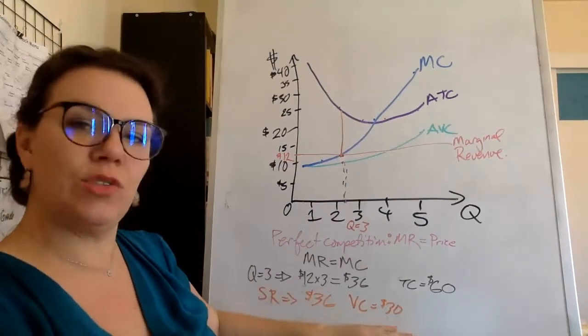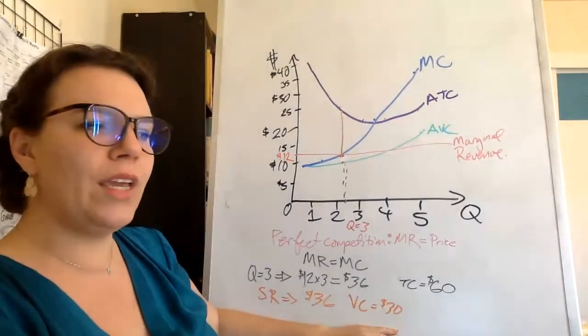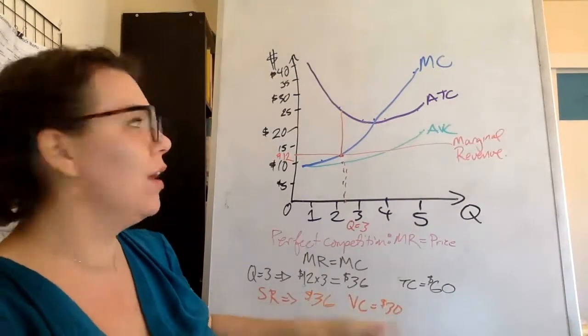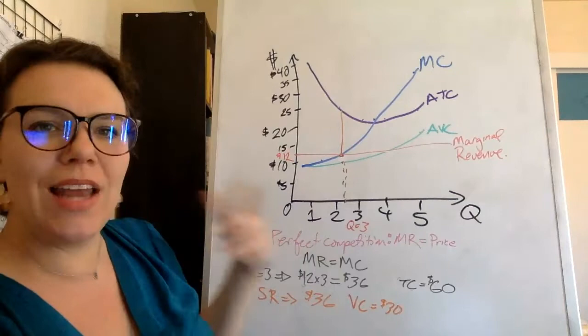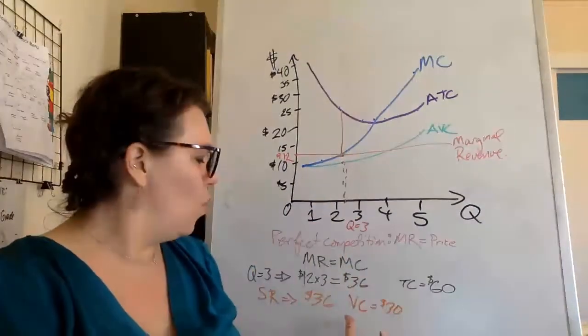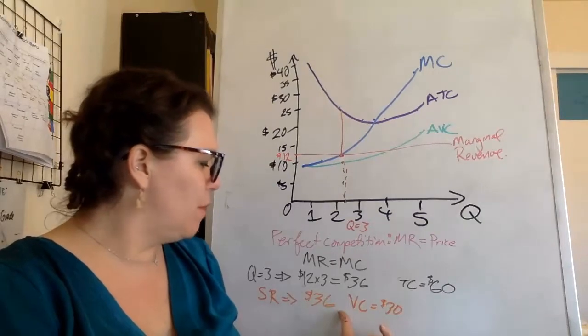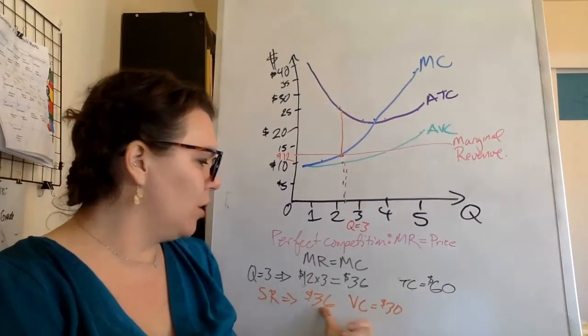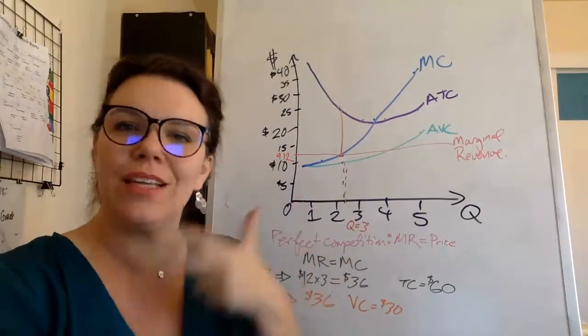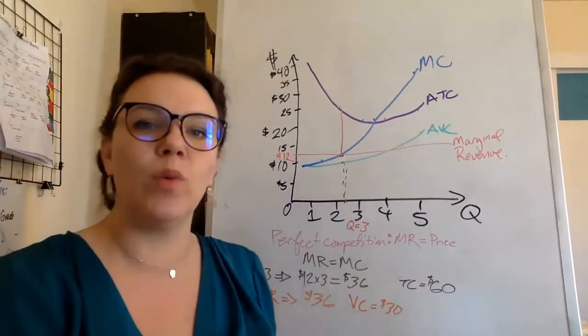If we have a restaurant and we can't get out of our lease, we can't do anything about the fixed costs associated with production, we would stay in business because we're still making $36, and that covers our labor, it covers our materials, and we get $6 to try and put towards the money we owe.